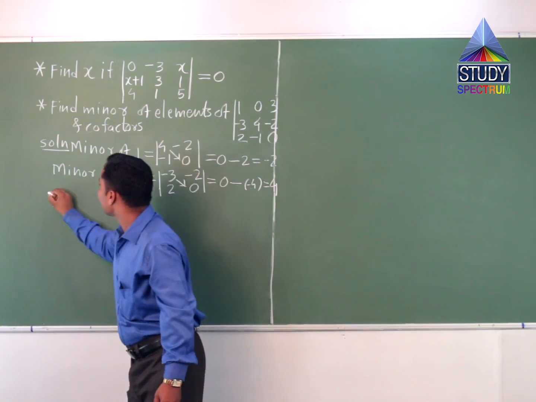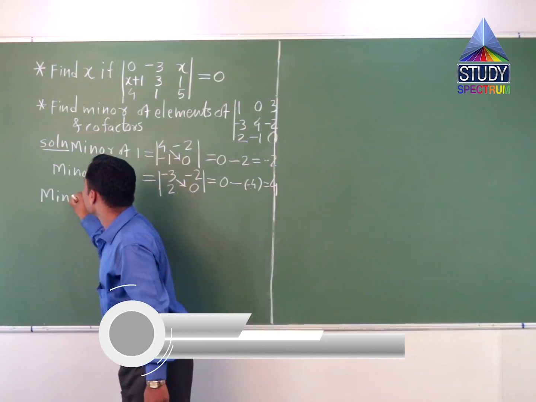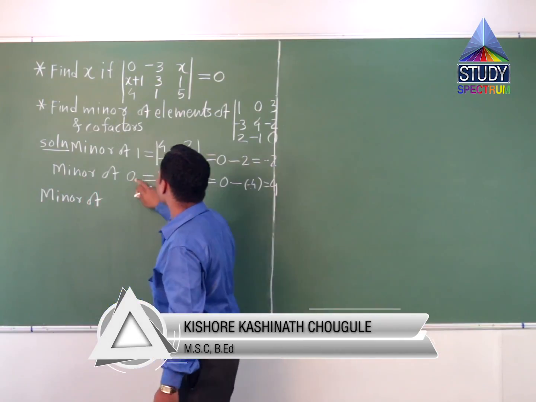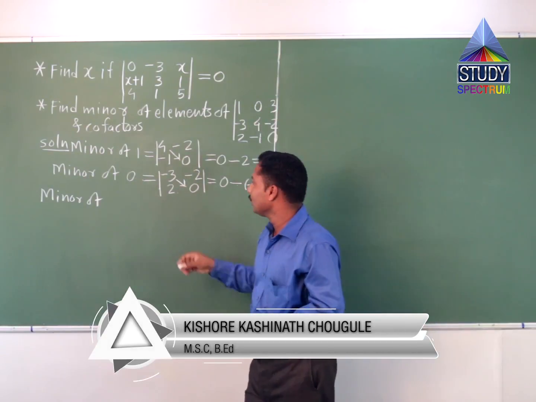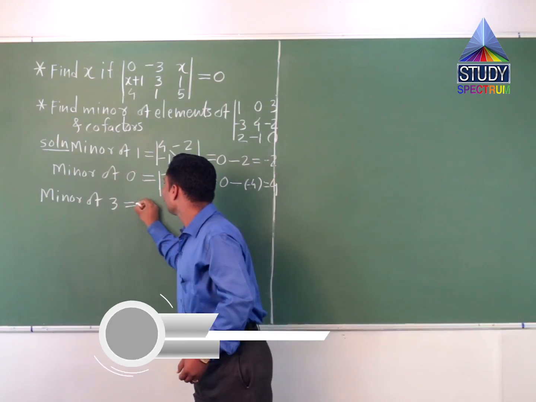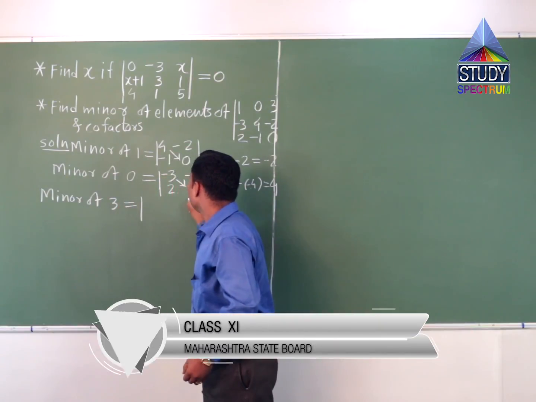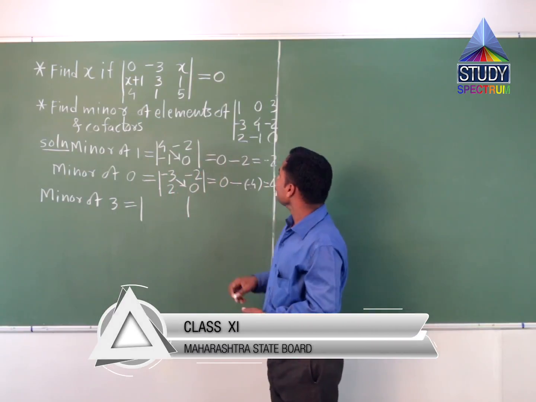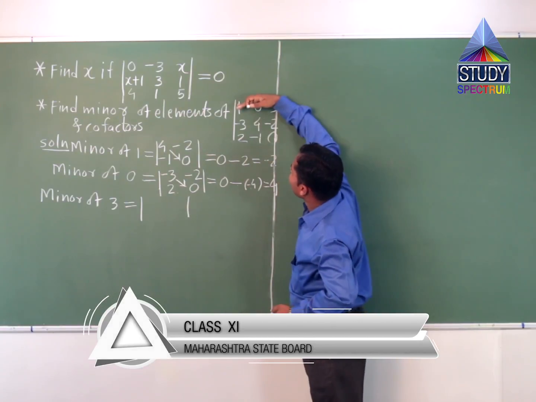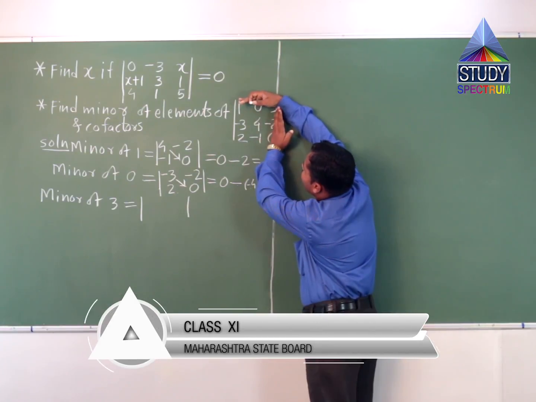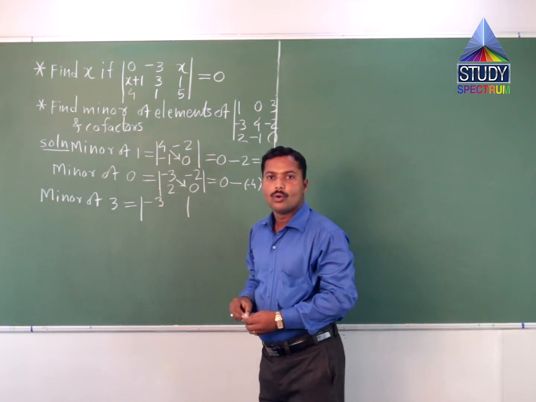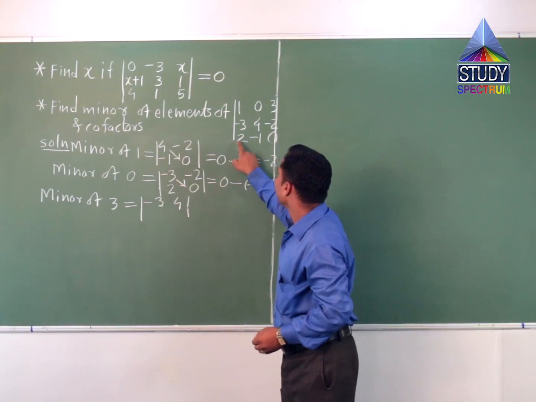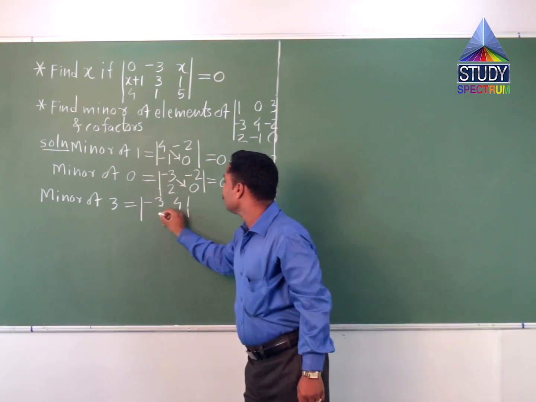Again, minor of 3. Minor of 3 equals what? Delete the row and column passing through that number. What remains? Determinant of minus 3, 4, 2, minus 1.